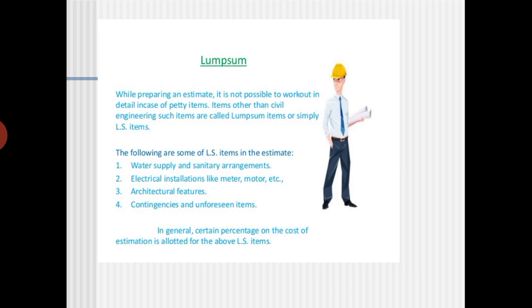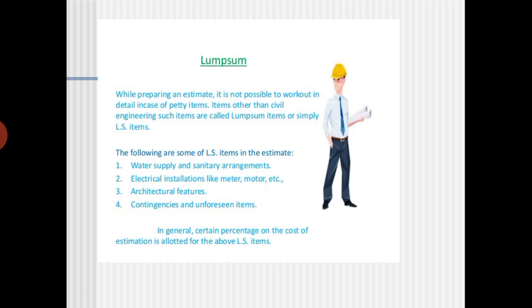So, what is a lump sum? While preparing an estimate, it is not possible to work out in detail in case of a lot of items other than civil engineering structural works.